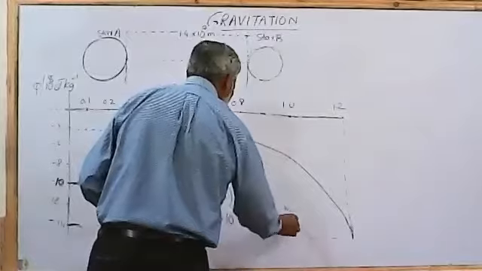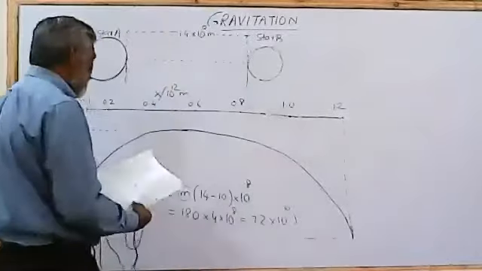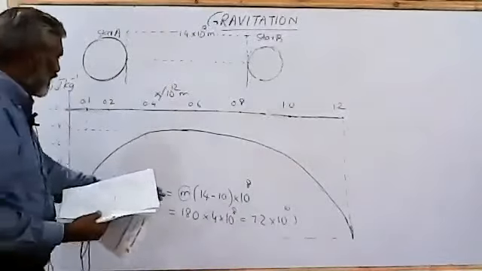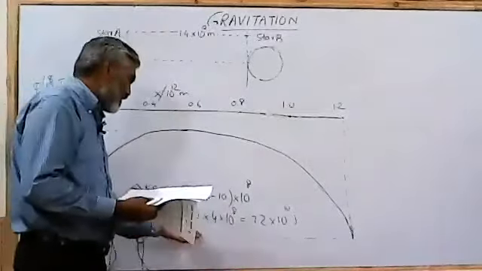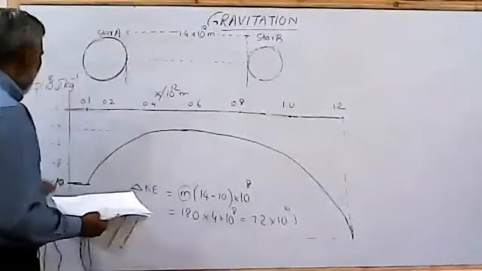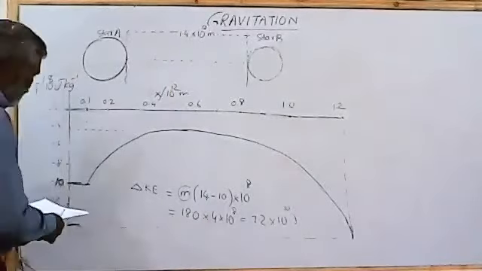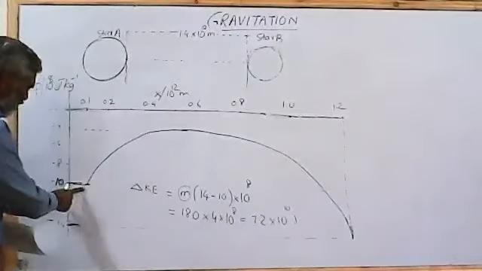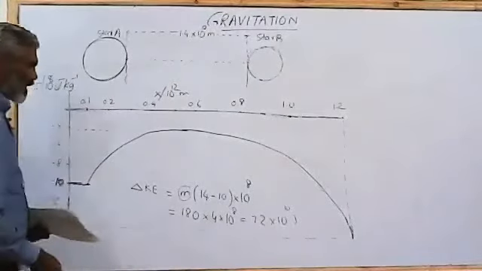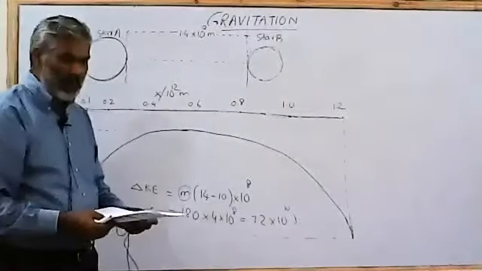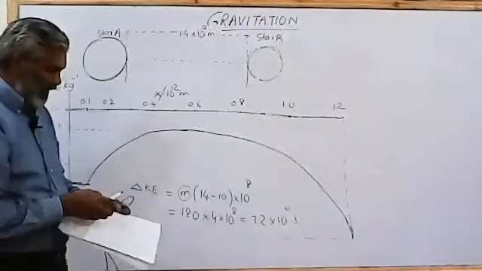This is something I did earlier. The change in kinetic energy is equal to the change in potential energy. And since we have the change in potential already from the graph, which is between these two values, the initial value and the final value, we can quickly calculate the change in kinetic energy.